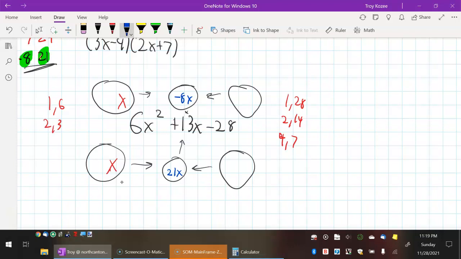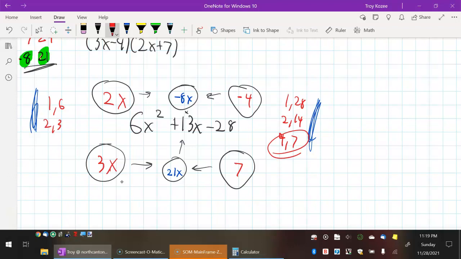And knowing what these numbers are, it really limits your choices over here and your choices over here. For example, if I need 2 factors of 6, one of which goes into negative 8 and one of which goes into 21, it can only be 2 and 3. Over here, my factors of negative 28 have to go into negative 8 and positive 21, and that can only be 4 and 7, specifically negative 4 and 7.